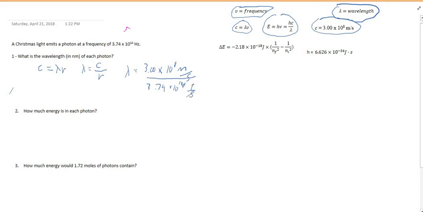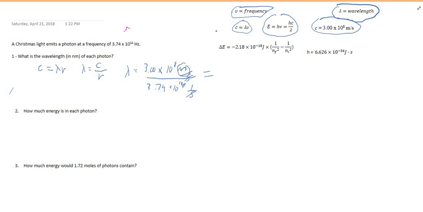So when I do the math, the seconds are going to cancel out, and so I can get the wavelength. And the wavelength in this case, because the speed of light is given in meters, is going to be in meters. So let's get out our calculators and do this. That's going to be 3.00 times 10 to the 8th divided by 3.74 times 10 to the 14th.